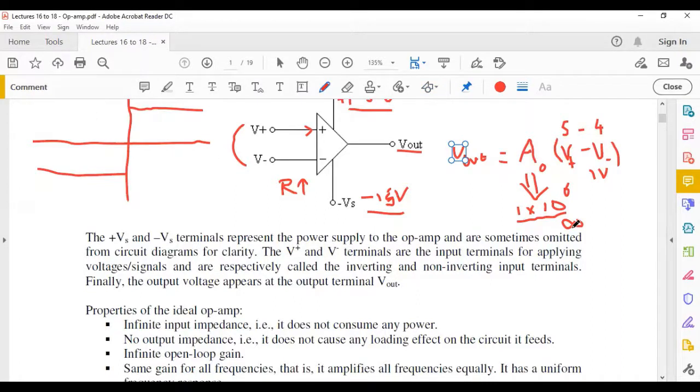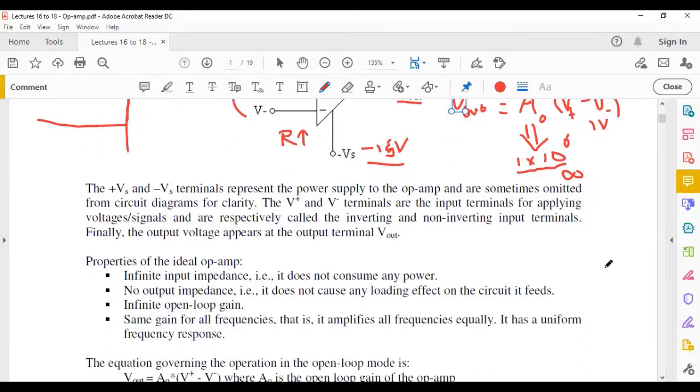So if your gain there is infinite, this line which you find there is going to be totally vertical. If your gain is very large but still not infinite, then you will have a very small gradient, but a very steep one, because the gradient of this line basically is going to give you the gain. But if it's infinite for an ideal op-amp, this is not going to be a slope, it's going to be just vertical, because an infinite gradient would be vertical.